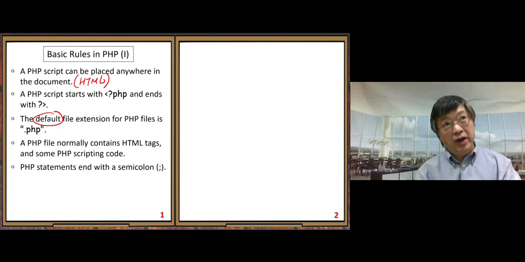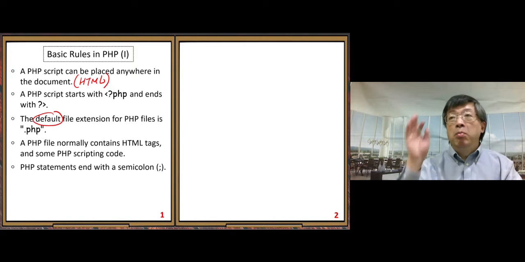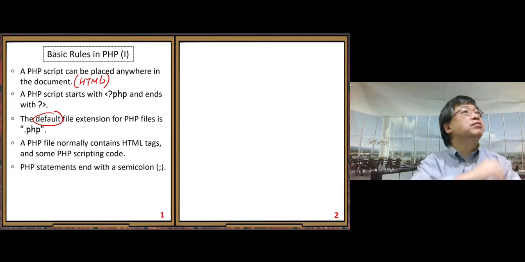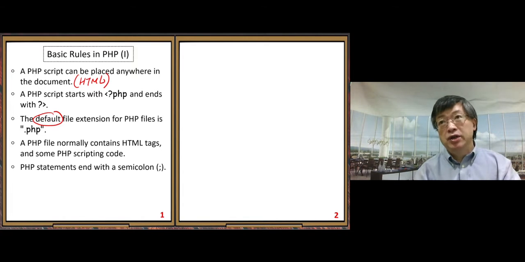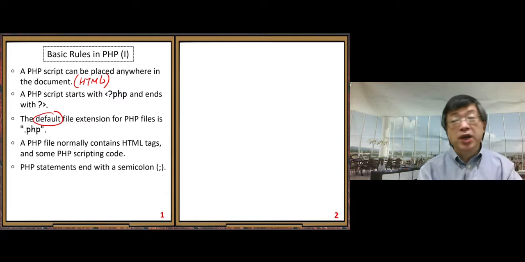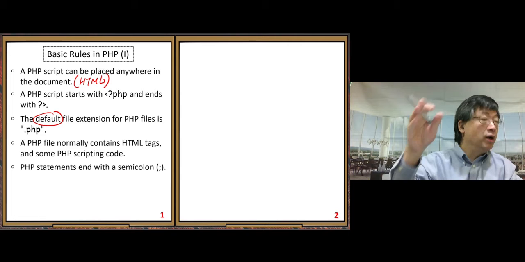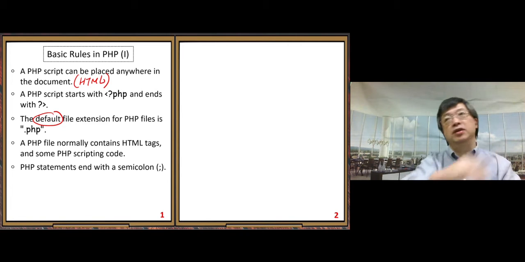That's typically what we use for most high-level programming languages: C++, Java, PHP, JavaScript. In JavaScript it's optional, but it is highly recommended to use semicolons to mark the end of a statement.